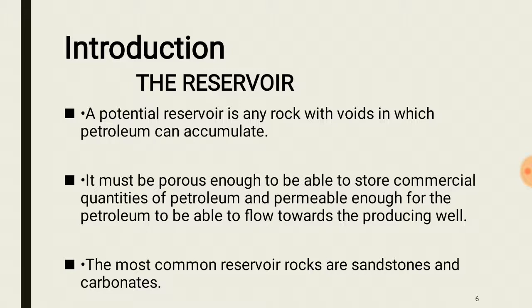It must be porous enough to store commercial quantities of petroleum, and permeable enough for the petroleum to flow toward the producing well. The most common reservoir rocks are sandstone and carbonate. So these are the most common reservoirs.